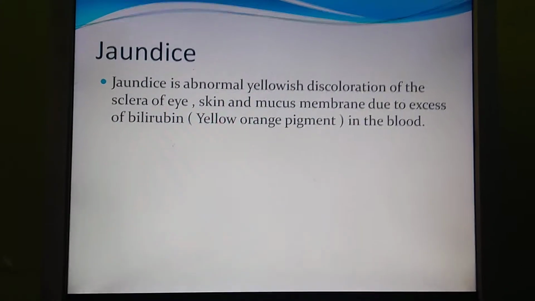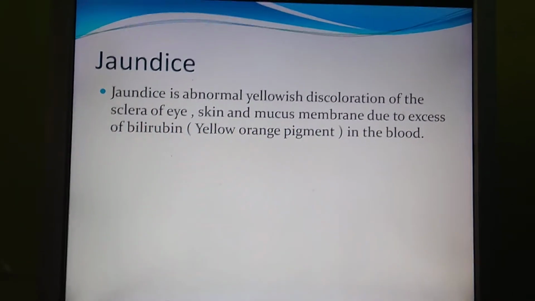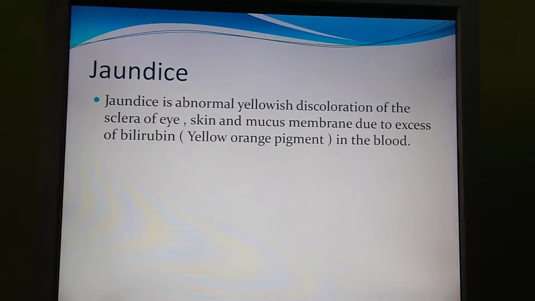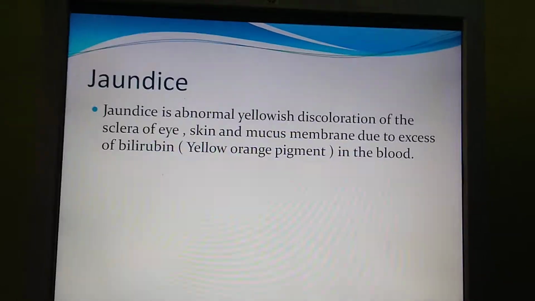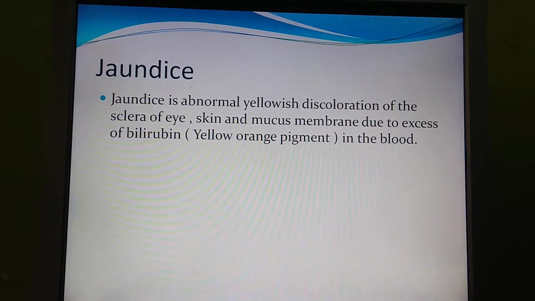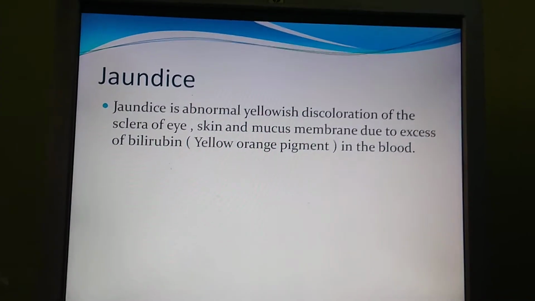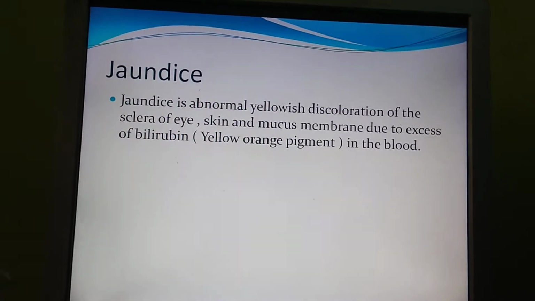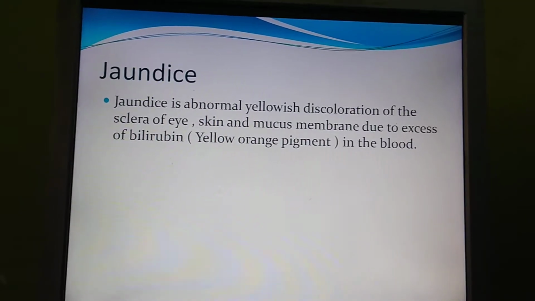Globins are proteins. Again, the heme is divided into two parts, an iron portion and a non-iron portion, as you have seen earlier. The non-iron portion of the heme, after some reactions, releases bilirubin in the liver. First of all biliverdin and then bilirubin.